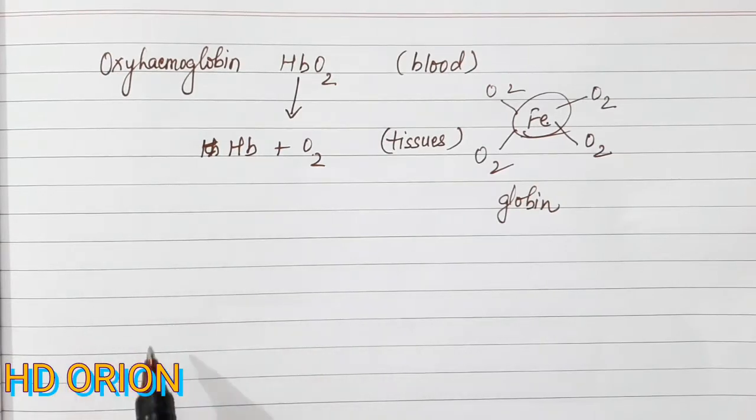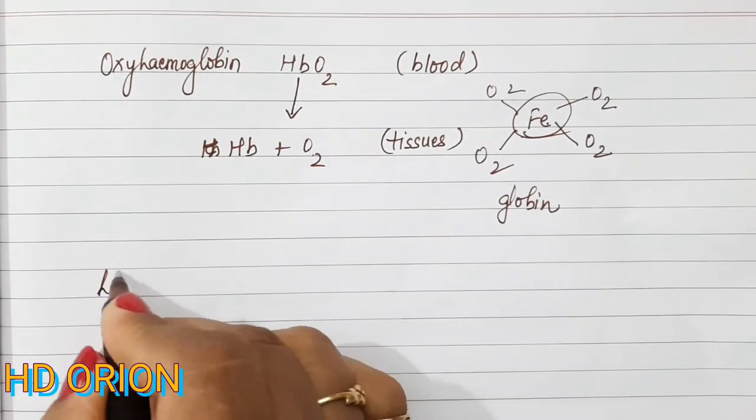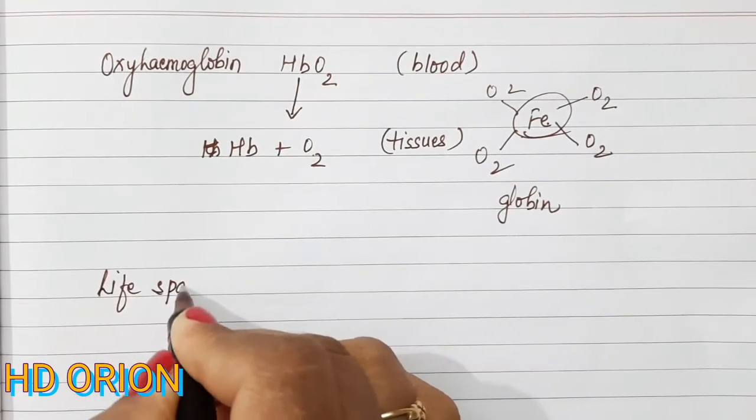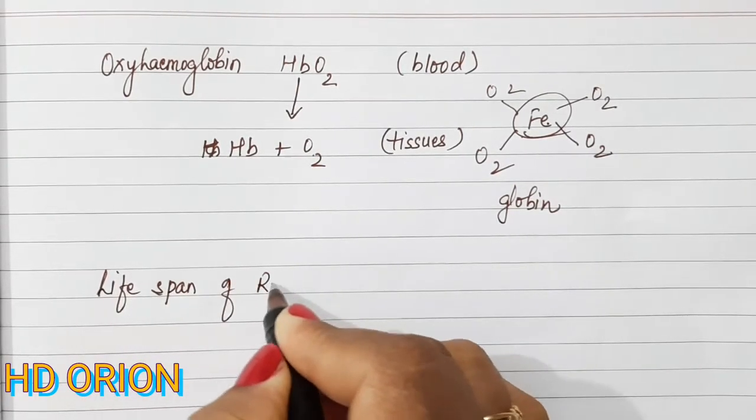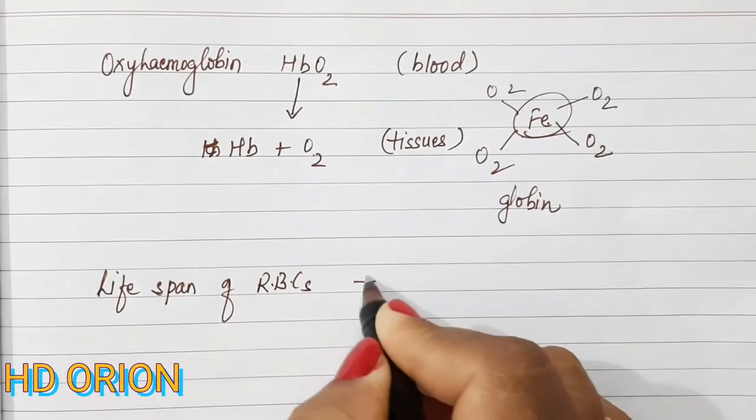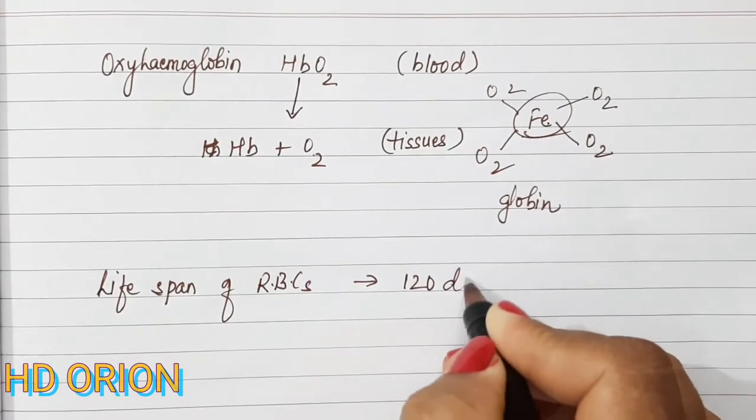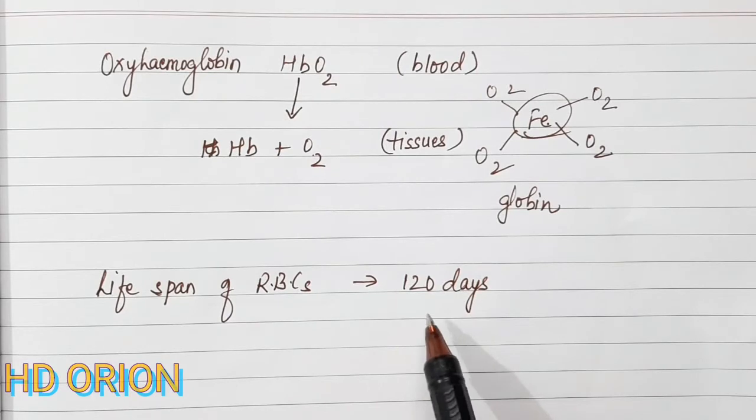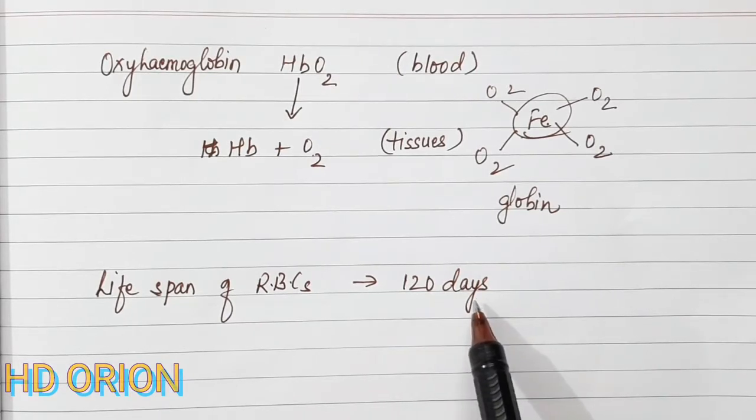Now this hemoglobin is present inside the RBCs, but the lifespan of RBCs is 120 days. Why is the span limited? Because they lack nucleus.